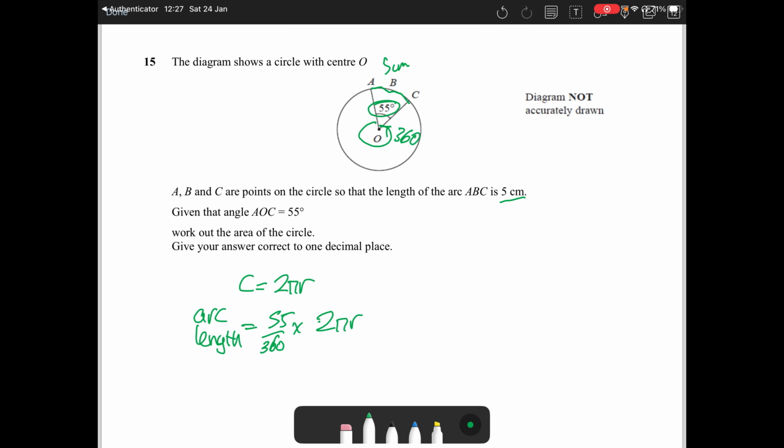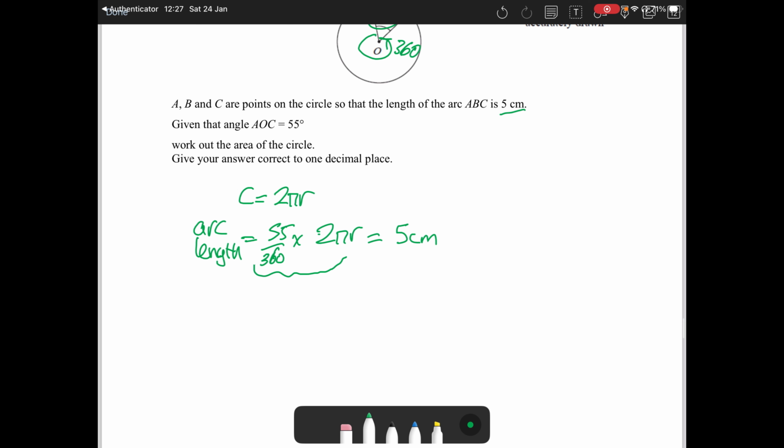Now, we are lucky that we are told the answer to this. It's 5. So we know that if we replaced the value of r with whatever it was, which we don't know, we get an answer of 5. Cool. We can solve this. It's an equation, and the only unknown is the letter r, because remember, pi is just 3.14, etc.